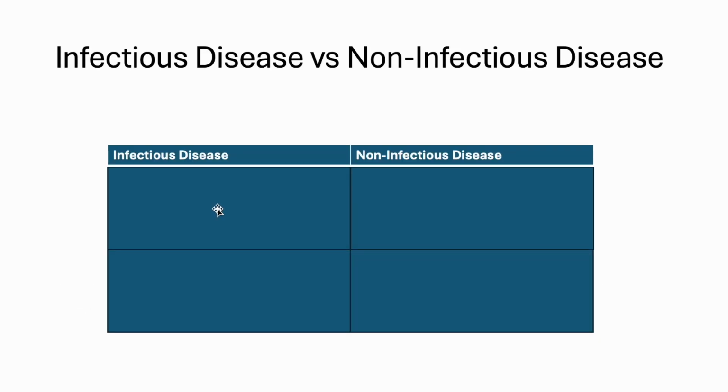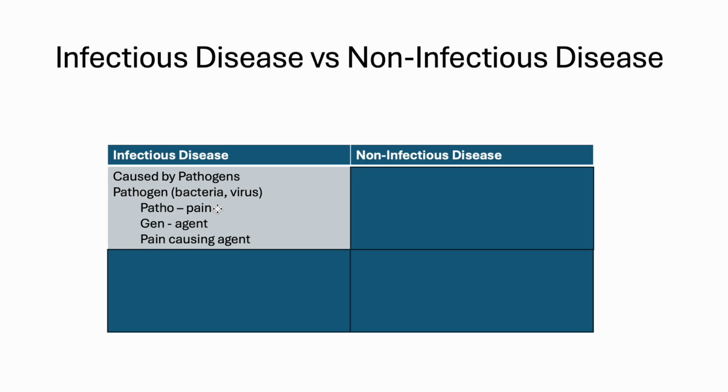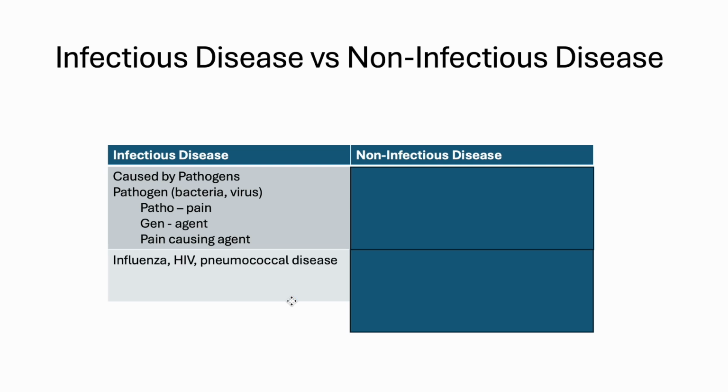Okay, so let's talk about infectious diseases versus non-infectious diseases. Infectious diseases, based on the name itself, can definitely be passed from one person to another, and it's through pathogens. The word is formed by two parts: patho, that cause pain, and gen, like the agent. So it's a pain-causing agent, something that causes sicknesses. More often than not, they are bacteria and viruses, and examples include these.